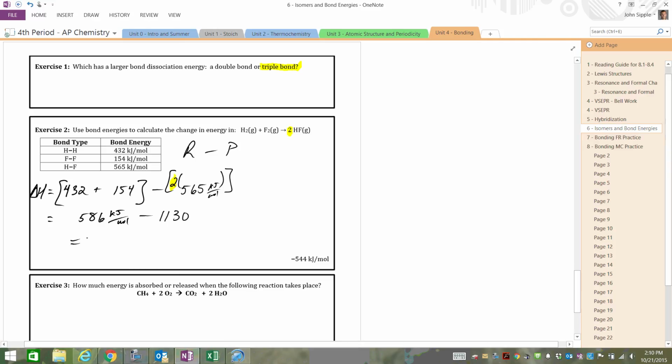So it's equal to 586 minus 1130, which is negative 544. Okay. There we go.